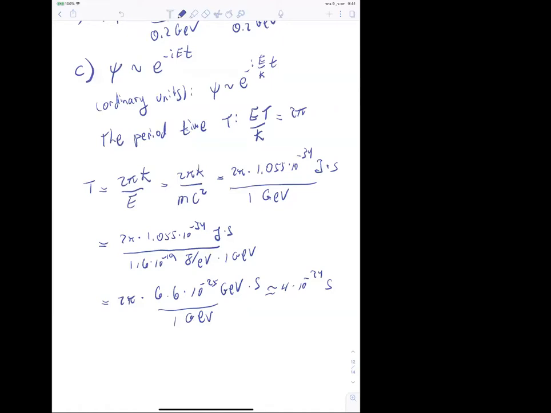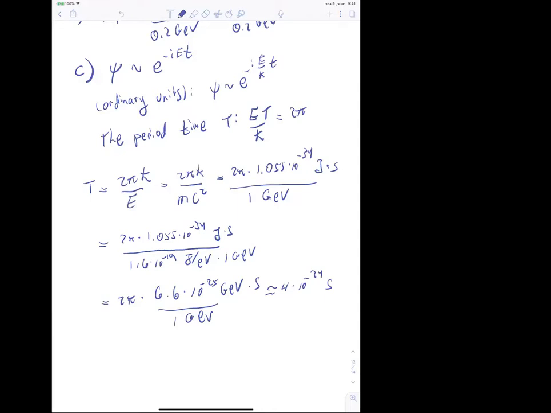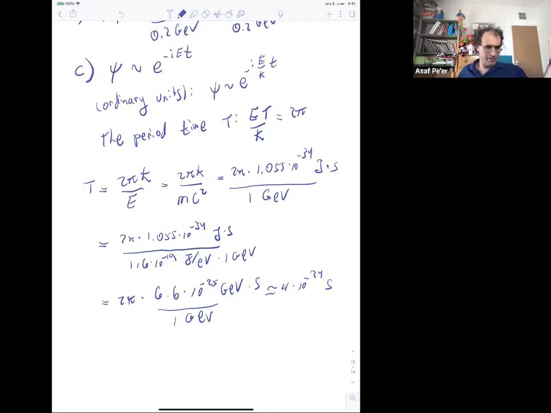In natural units, wouldn't it just be 2 pi over 1 GeV? So basically 2 pi GeV to the minus 1. Actually, that's exactly right.